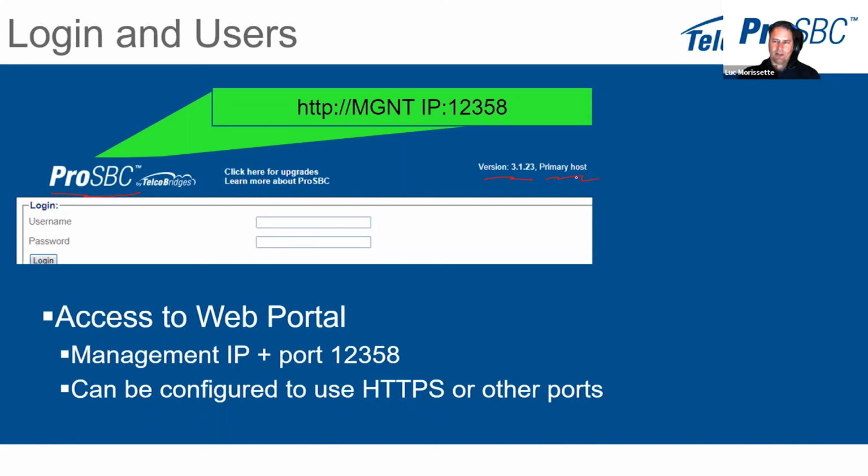If you're connected to the primary system, it will be shown like this. And if you connect to the secondary system, you can do everything as you do on the primary. The only thing you cannot do on the secondary is upload a new license or a new software version. So primary or secondary, you can do everything as if it is the primary system.